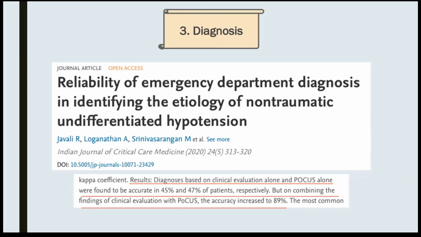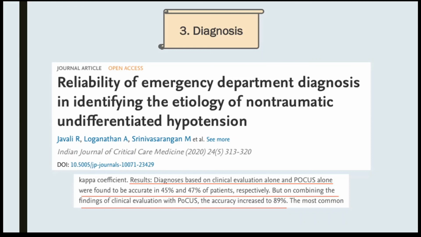So if you take a doctor who only examines a patient in ED, it's difficult, it's the environment, you don't have all the information. Sometimes the information comes to you 2-3 days down the line. You have to make a decision. In that study, they were 45% accurate, which is still low. But even if they just used ultrasound, they were only 47% accurate.